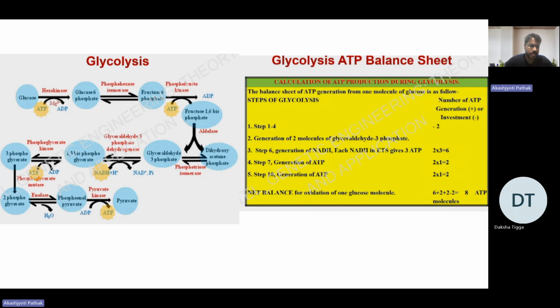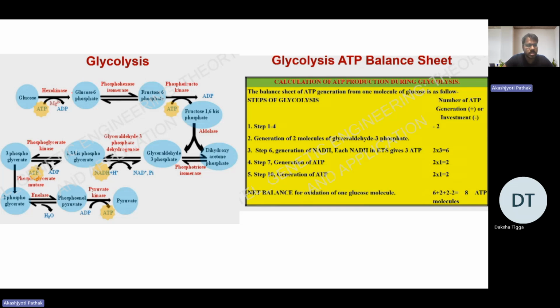So in the first step, glucose is converted to glucose 6 phosphate by the enzyme hexokinase. Now this is a substrate, and the phosphate present on ATP is getting transferred to glucose, right?